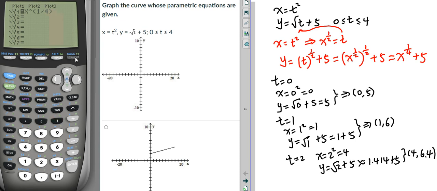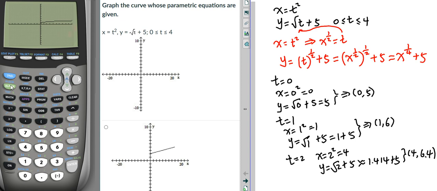You may graph it. Here is only part of the picture. When t equals 4, you have 4 squared, so x is 16, but here x is only up to 10.